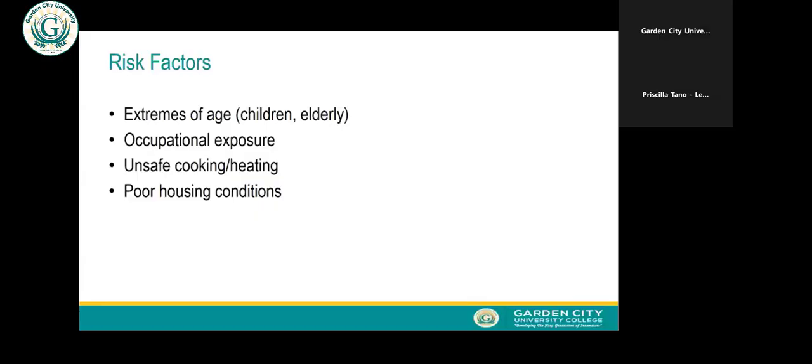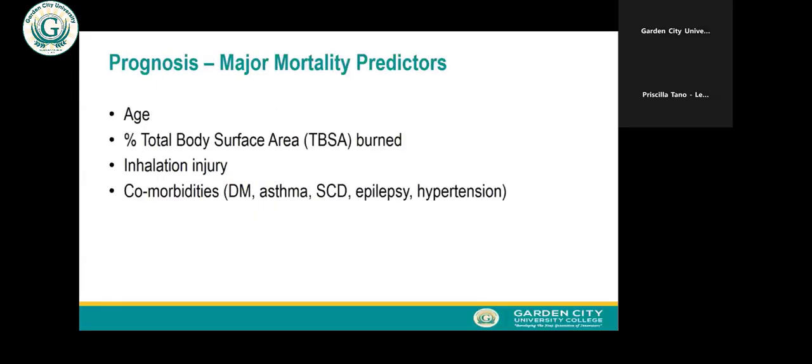Poor housing conditions are also one of the major causes of burns. Even the weather: sometimes in the cold season, some of us want to light a fire and sit by it, like putting diesel in a pot. All these things cause burns. So these are some of the risk factors we may meet.